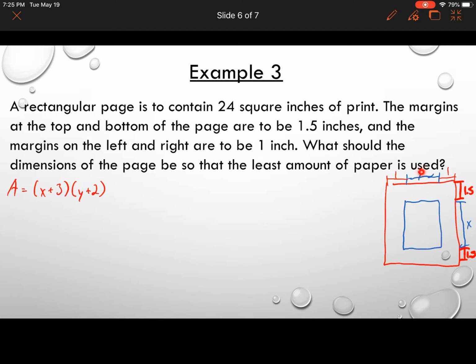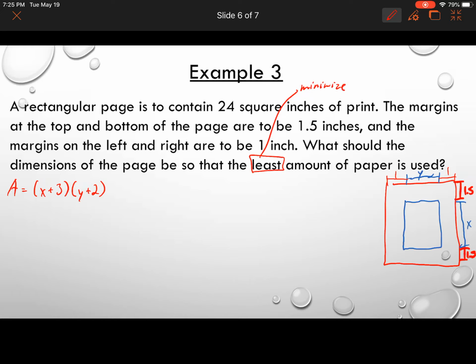And then the width is going to be y plus 1 plus 1, so y plus 2. All right. Well, remember, we're not done here. So that's the equation or the function that we want to minimize. So least amount of paper, right? In case that wasn't clear, least amount we want to minimize.